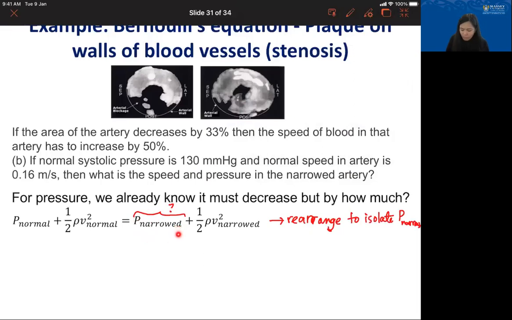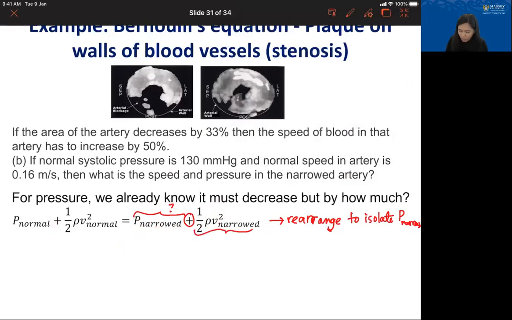If you look at this equation, notice that it's just plus. So P narrowed is separated from this whole 1/2 rho V squared narrowed by a plus sign. Don't panic that this is a very long term.